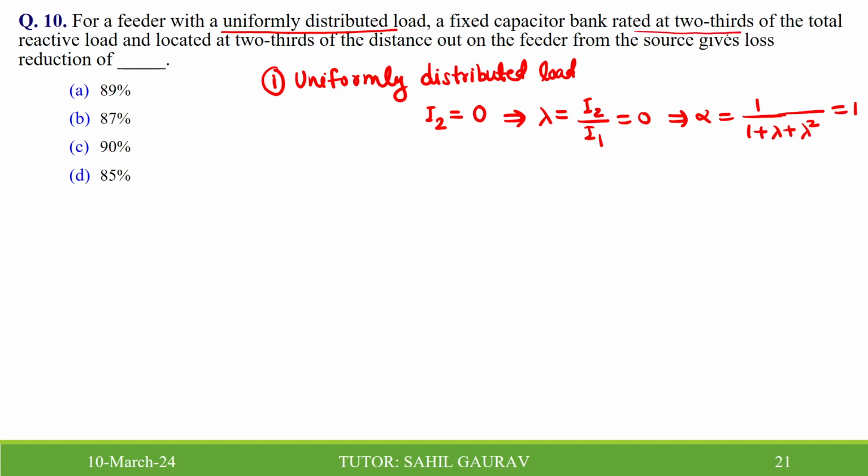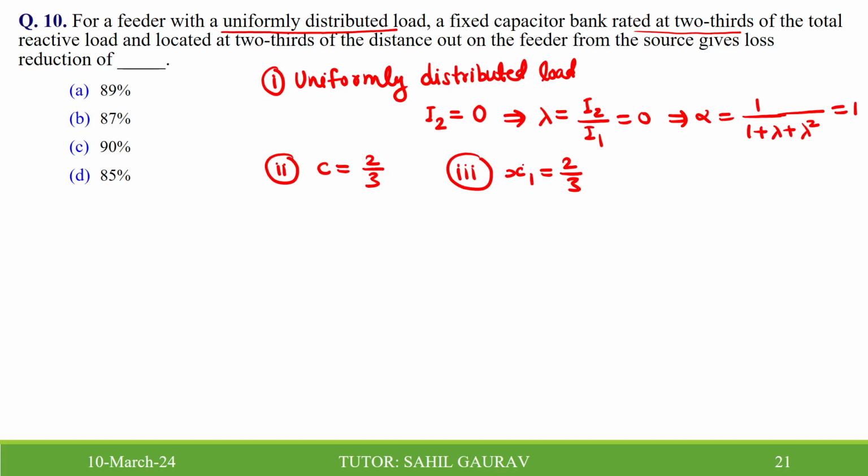And this capacitor bank capacity is given as two-third of the total reactive load, and the location of the capacitor bank, x1, is also given as two-third of the distance out on the feeder.